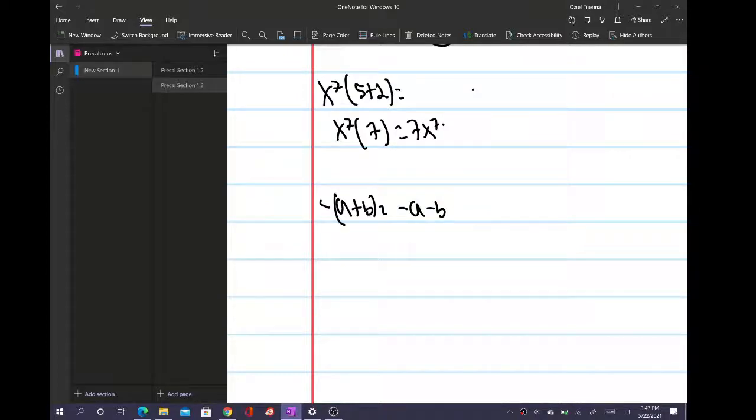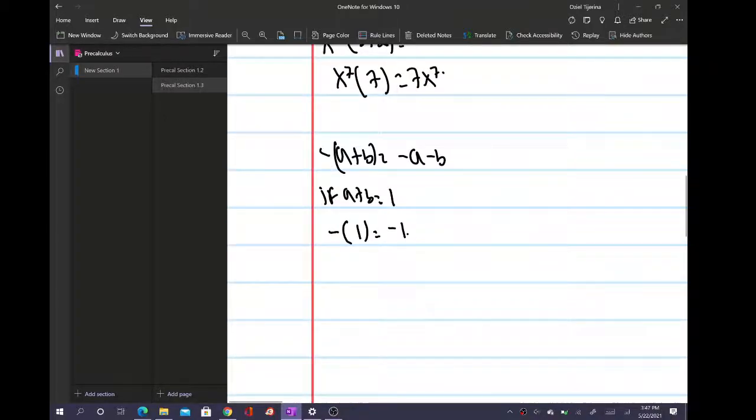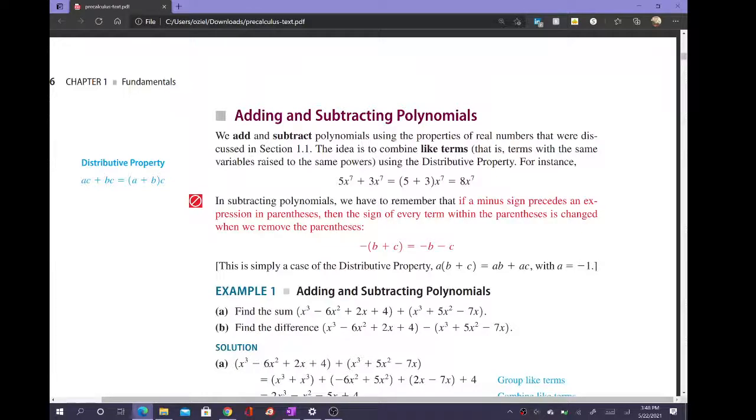Similarly, if I say negative the quantity 2 plus 3, I can say that this is negative 2 minus 3, which is negative 5. Or I can add the inside and just distribute the negative after, which is negative 5, right? I'll get the same exact thing. That's what all of this is saying.